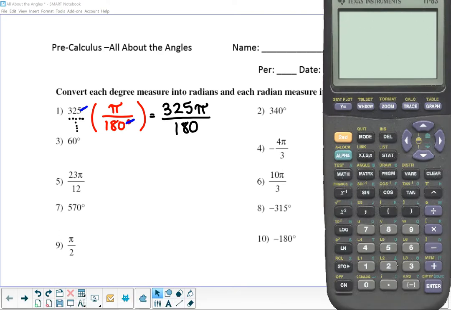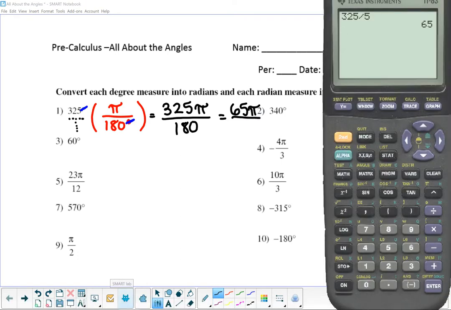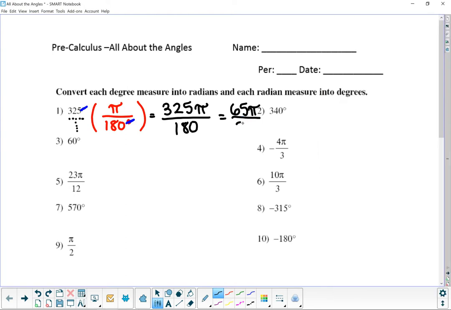I know I can divide 325 by 5, so I'll have 65 pi, and then 180 divided by 5 is 36. So I have 65 pi over 36.